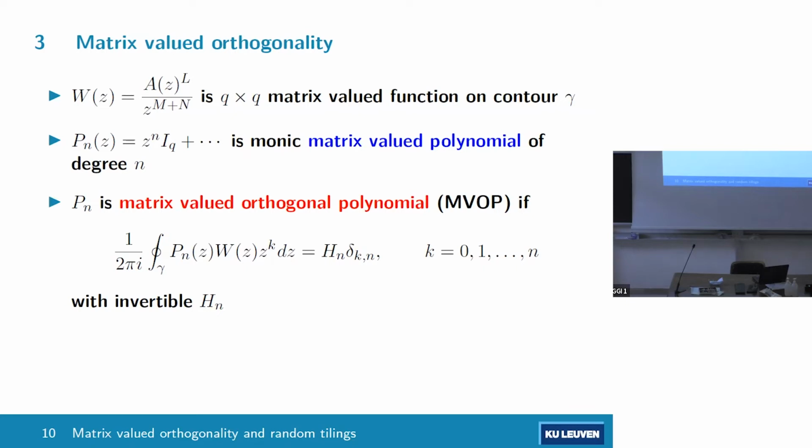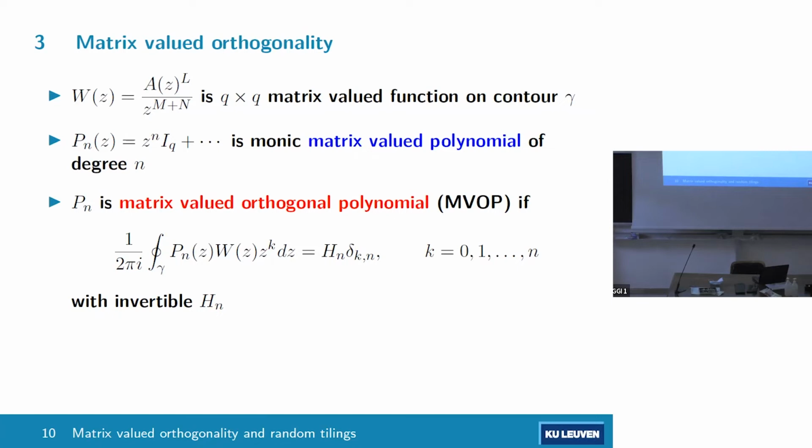And one feature that I would like to point out is that this gamma is pretty arbitrary. You can go around 0 once, but everything here is analytic except for a pole at the origin. That comes from this high power of z in the denominator here. Right? So basically you pick up a residue of this quantity at the origin, and a whole bunch of residues should be 0.